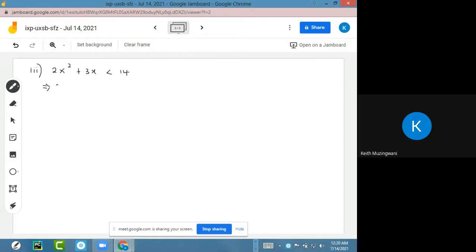So this is telling us to do 2x squared plus 3x minus 14 less than 0. So this is a quadratic. So we need to factorize the quadratic.